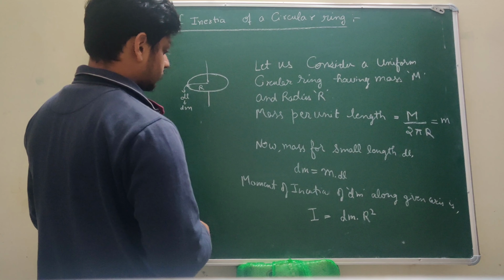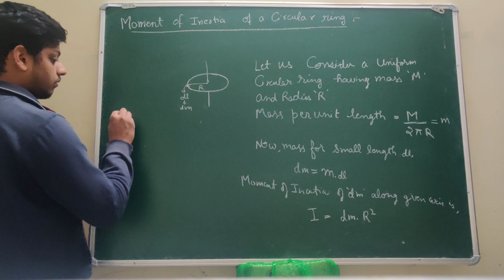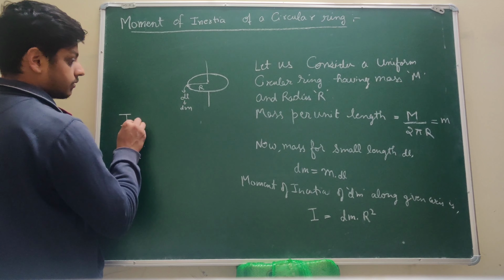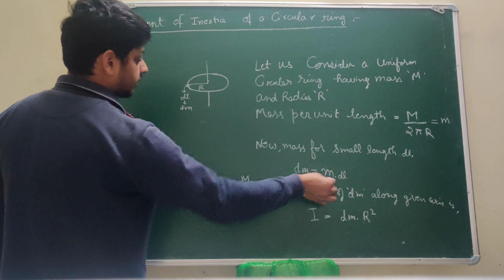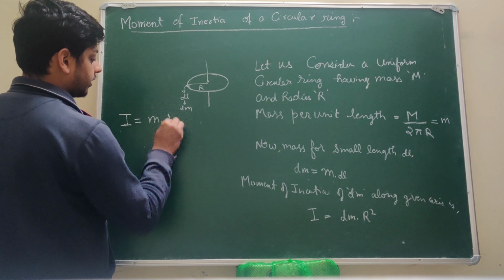So now I can be written as m dot dl into r square.